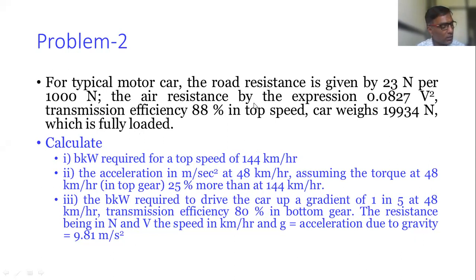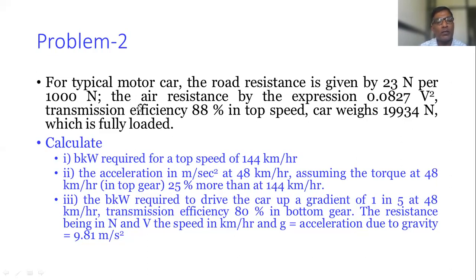The air resistance by the expression 0.0827 V square. Transmission efficiency 88% in top speed, that is in top gear. Car is having weight about 19,934 Newton and which is fully loaded.